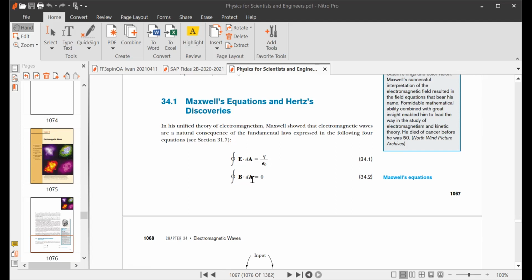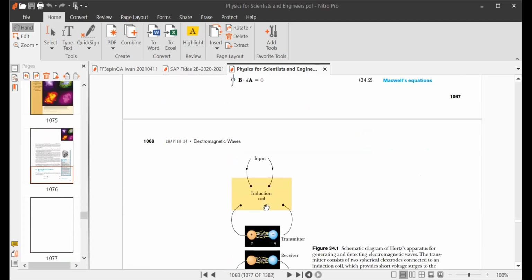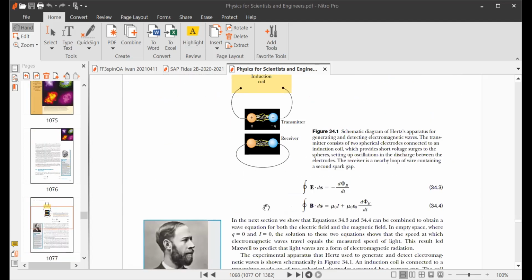Okay, only magnetic dipole, at least so far in room temperature today. Okay, and the third and the fourth one you know this, the third one is the Faraday law equation, okay? And the fourth one is the Ampere-Maxwell equation.